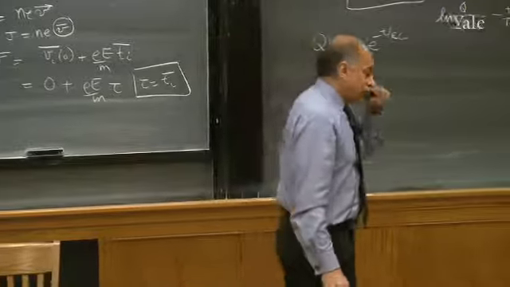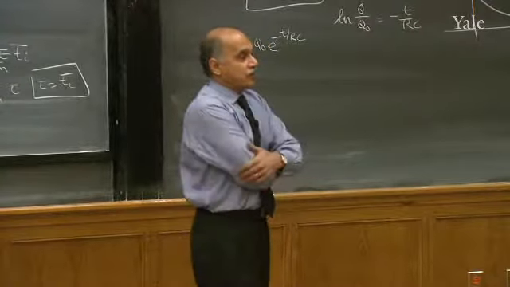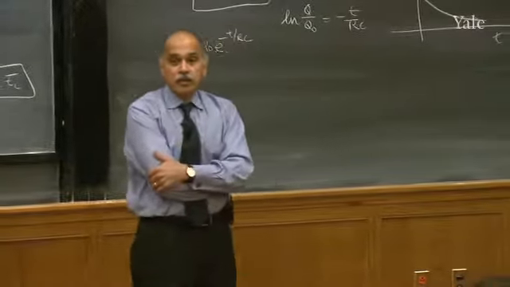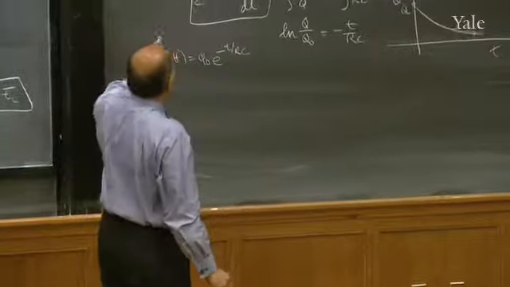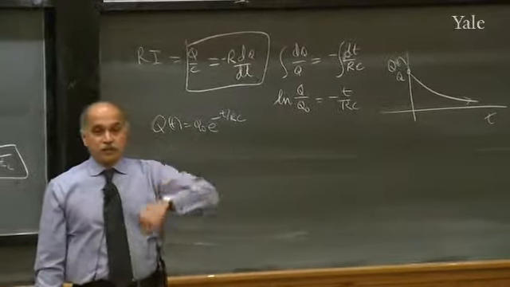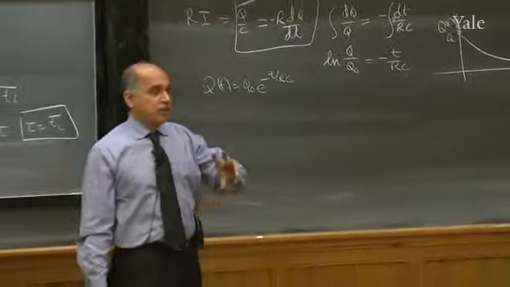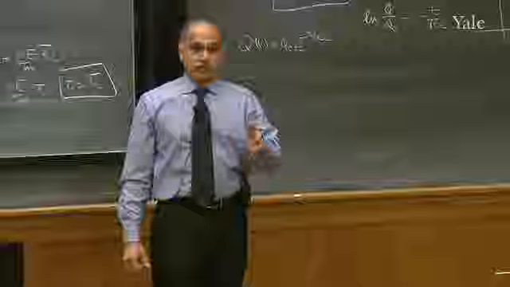There's always resistance. So what's happening as time goes by? The voltage on the capacitor plate is decreasing with time, right? That's the voltage driving the current through the resistor. So as it drives current through the resistor and it begins to become empty, it's able to drive less current through the resistor.